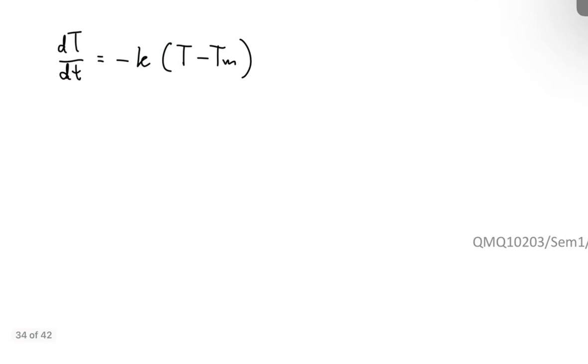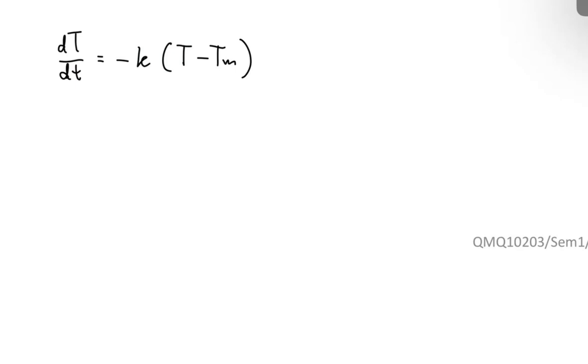According to Newton, the rate at which the temperature cools down is proportional to the difference between the body and the surroundings. So dT/dt equals minus k times (T minus Tm). We know that this Tm is 20 degrees. So we need to solve this.